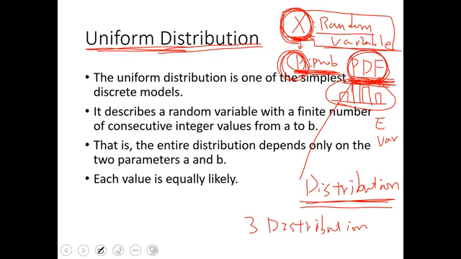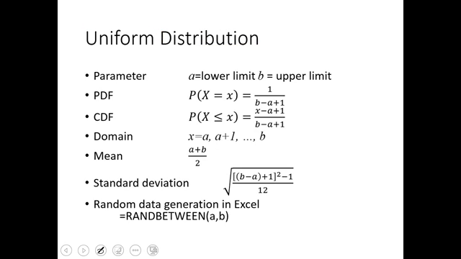Uniform distribution is where each value is equally likely. All the values will happen equally likely. In this case, we say that it is a uniform distribution. So a uniform distribution has a lower limit and an upper limit.